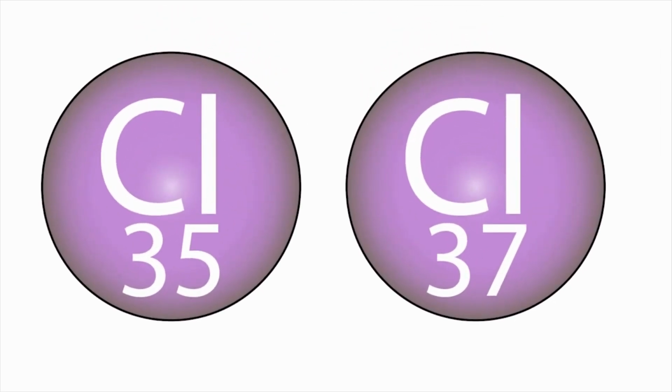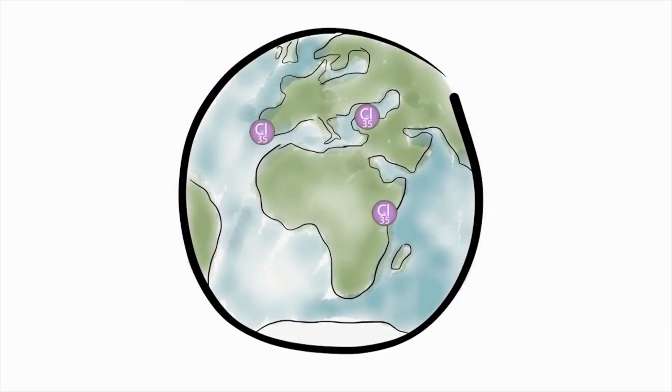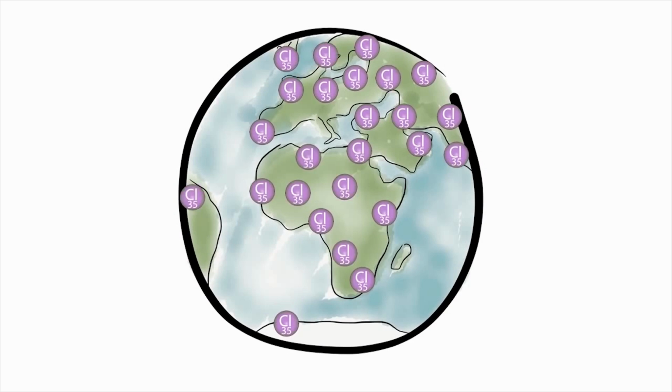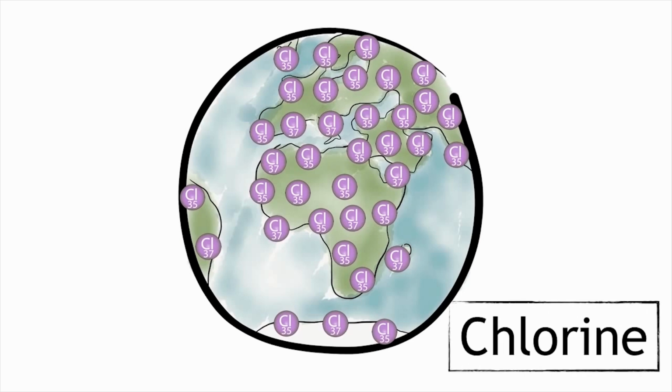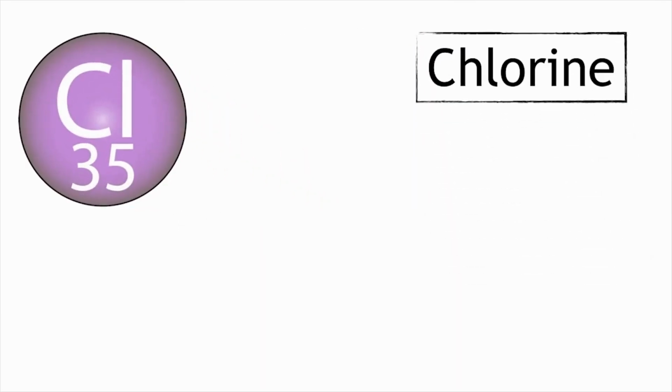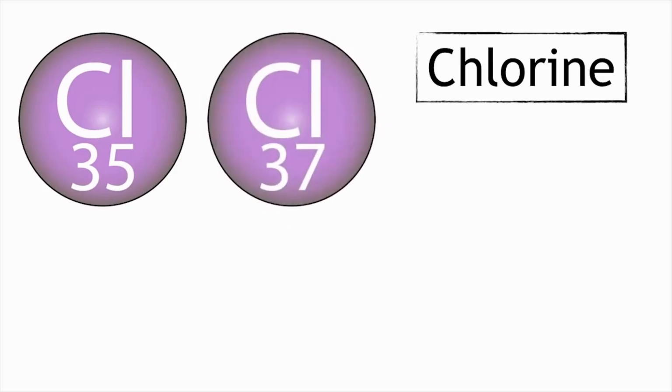When we think about this, we must remember the isotopic forms of elements have different values for their naturally occurring abundance on Earth. For example, let's look at the isotopic forms of chlorine. Some chlorine atoms have a mass of 35, and some have a mass of 37.